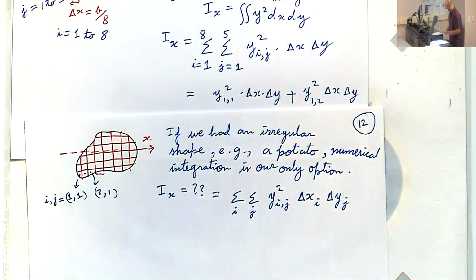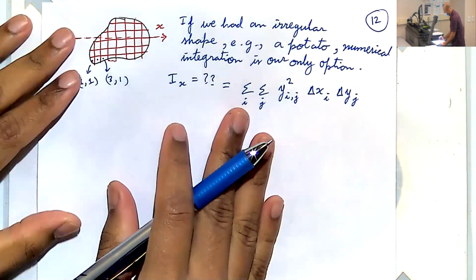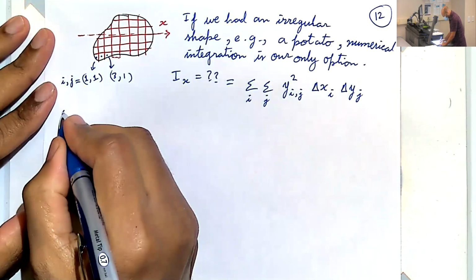All right, let's do several examples, and hopefully this becomes better and better. So let's actually talk about the centroid of an object.